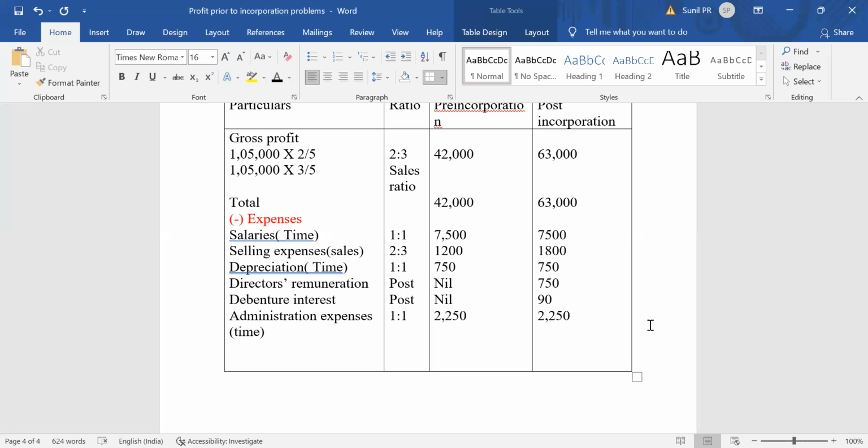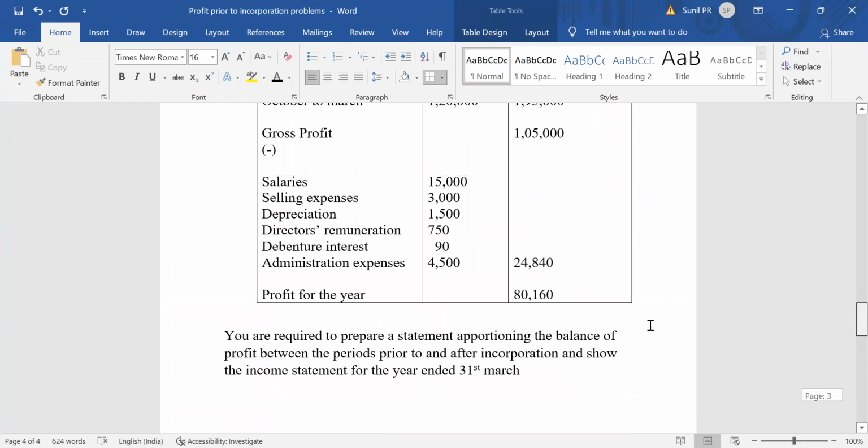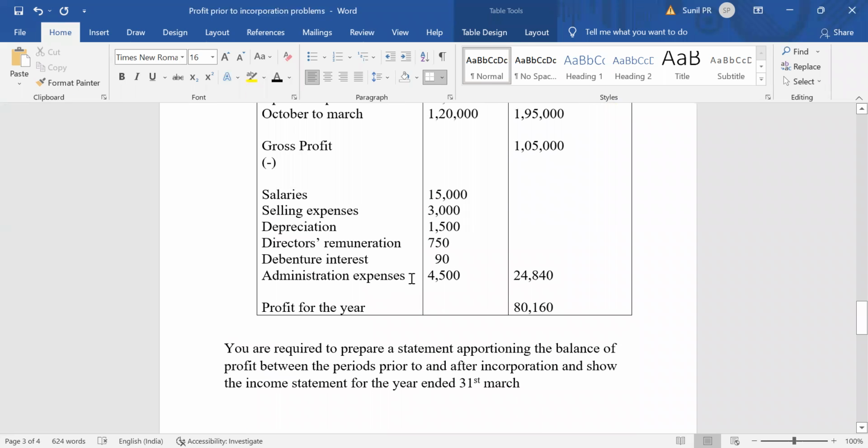Now I think we have done all the expenses, right? We have not left anything. In the question, we have taken administration expenses. Now you will arrive at the profit or loss.